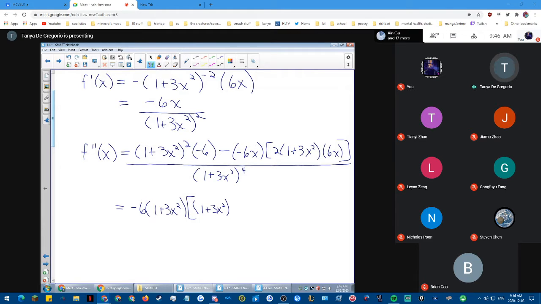What am I left with on the other side? I took out the negative 6, but I still have another 6x and an x. I have a 2 here as well. And then I took out the 1 plus 3x squared. We factored it out. So you're done.